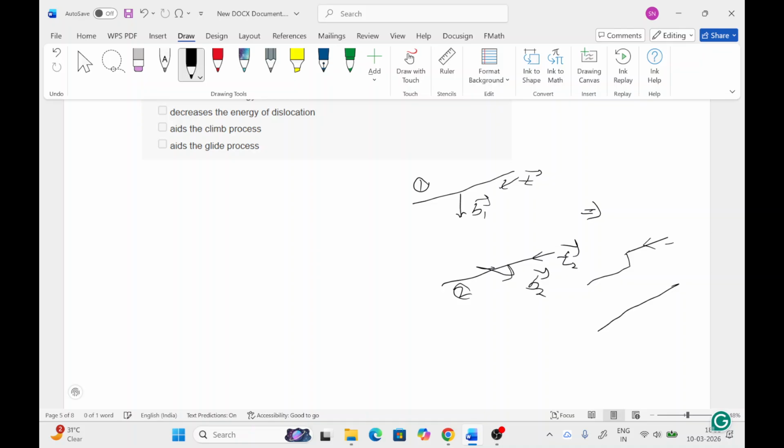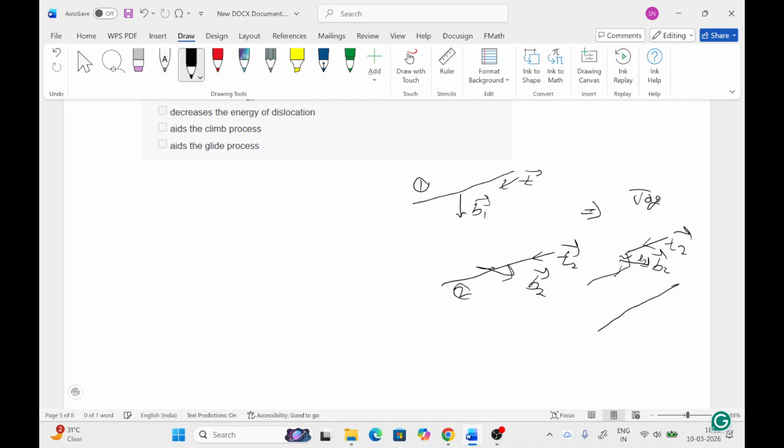The line vector will be T2 and the Burgers vector for this is B2. As the line vector and Burgers vector are still perpendicular to each other, this creates a jog.